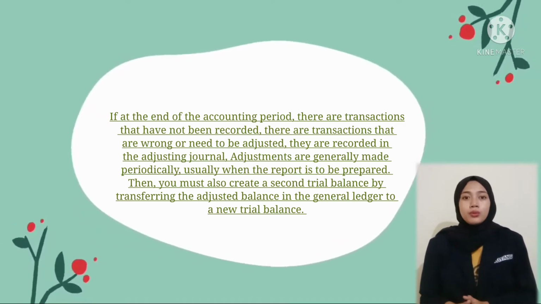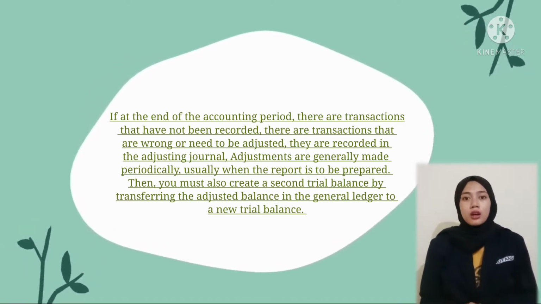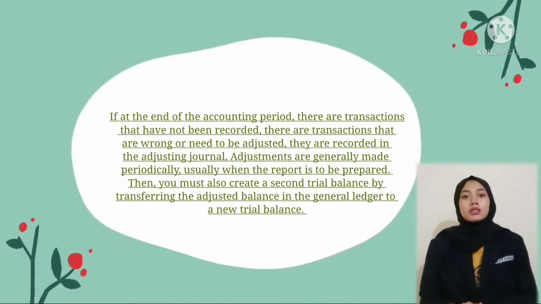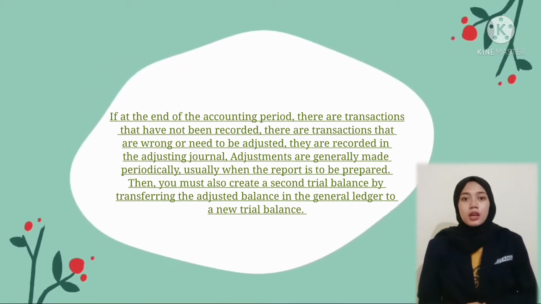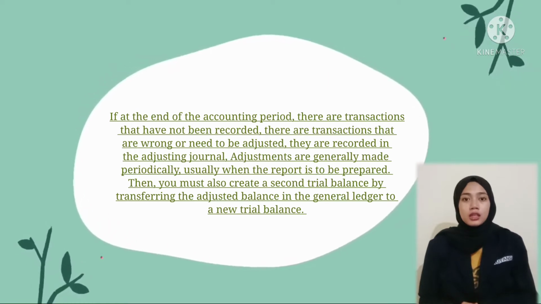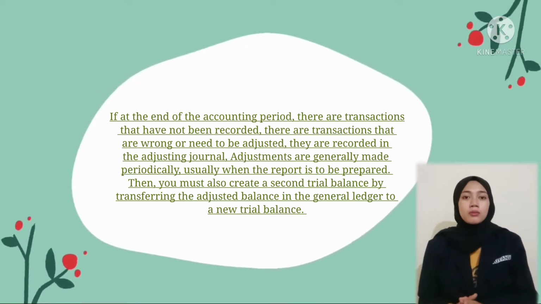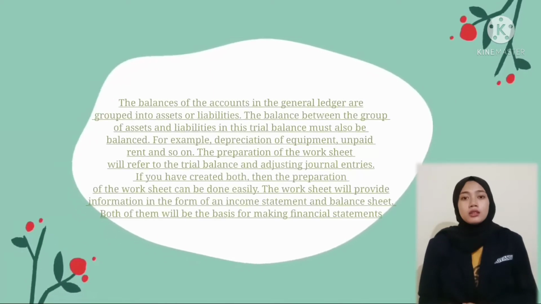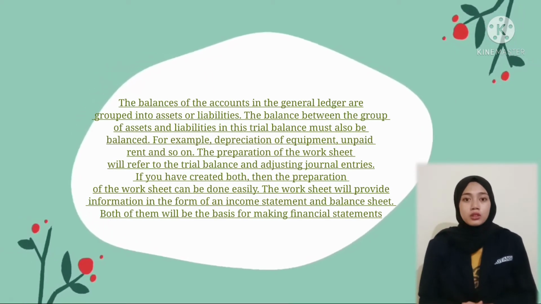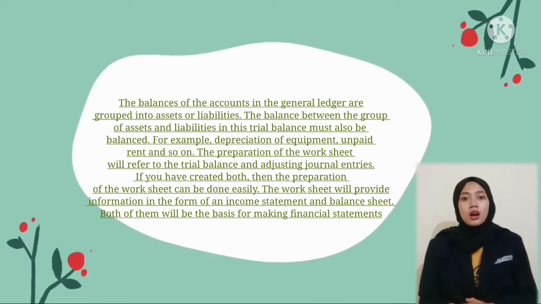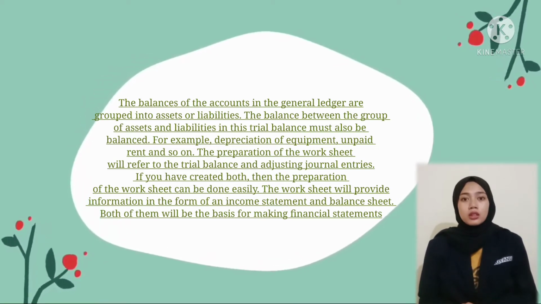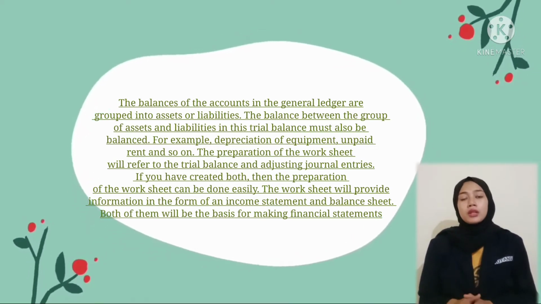Then you must also create a second trial balance by transferring the adjusted balances in the general ledger to a new trial balance. The balances of the accounts in the general ledger are grouped into assets or liabilities.